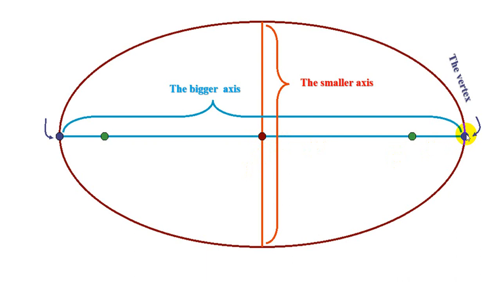It has two vertex points, one at each end of the largest axis, and the intersection point is the center. We also have two foci, one focus on one side and one focus on the other side.